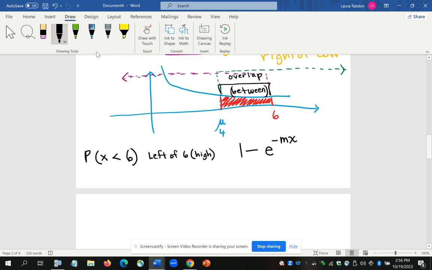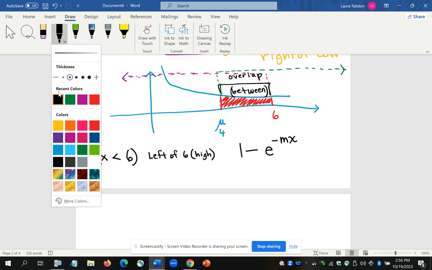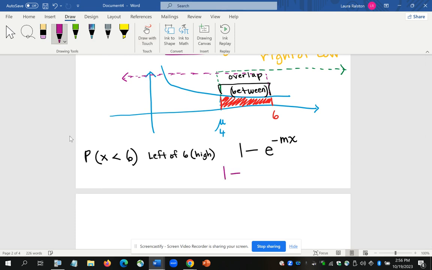I still know that my decay parameter is 1/4, so I have 1 minus e to the negative 0.25 times 6. And I'm going to go out and do those calculations.